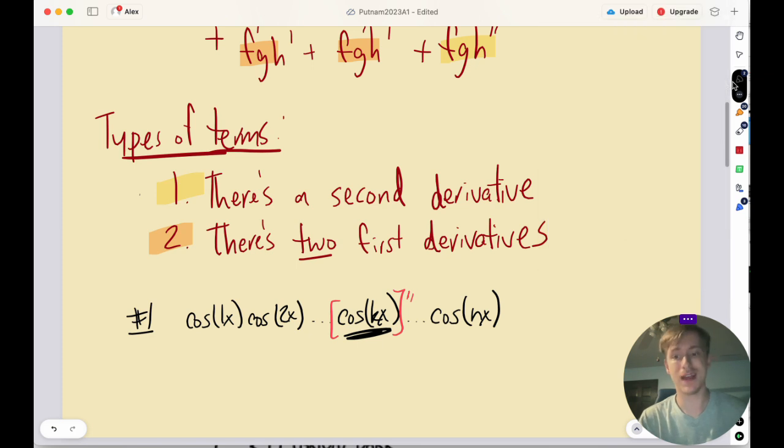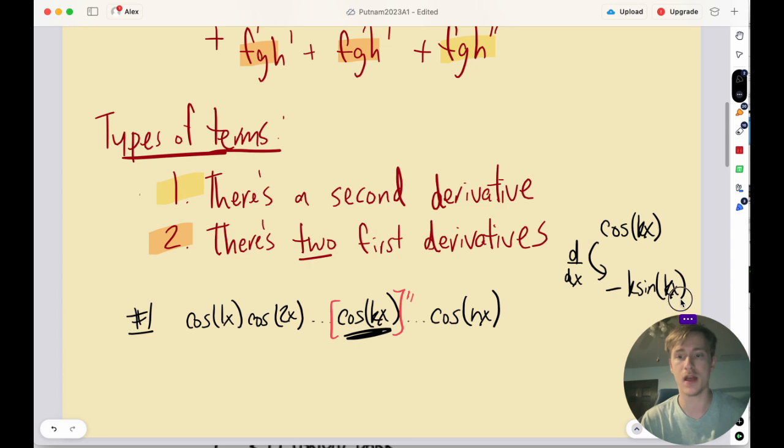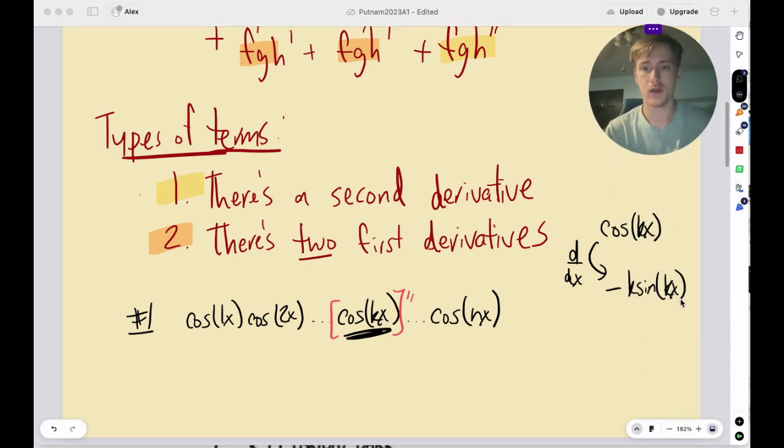So, what is that going to amount to? Well, what's the derivative of cosine of kx? Well, if I have cosine of kx, and I differentiate once, that's going to be a negative k sine of kx. Where did the k come from? That came from the chain rule. And then if I differentiate a second time, I'm going to pick up another k.